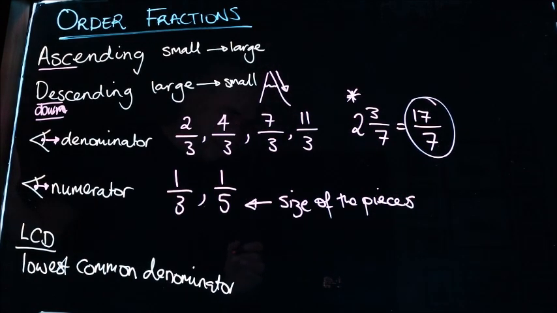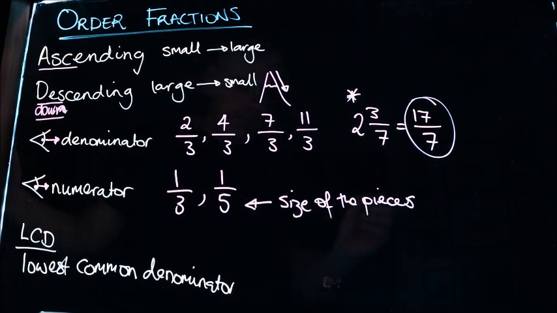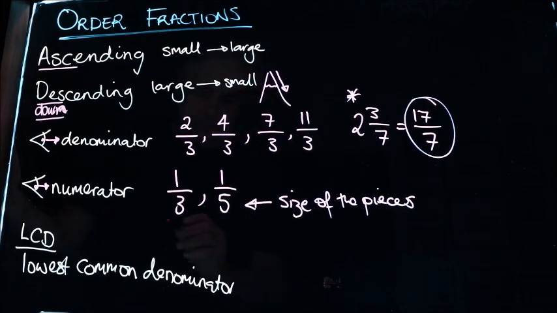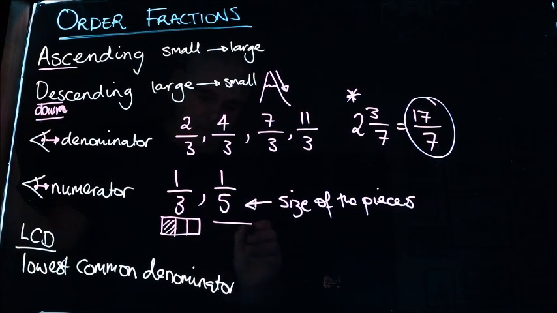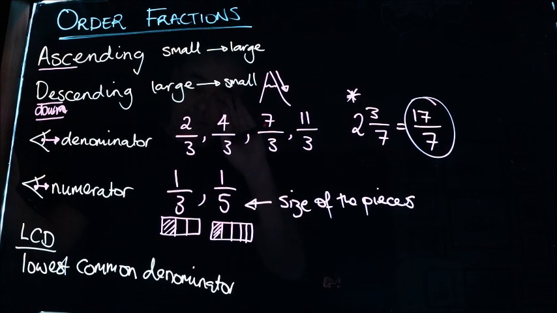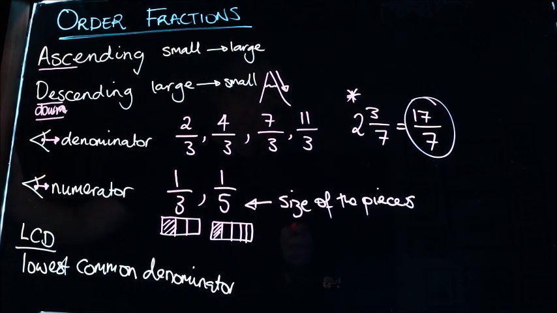Okay, so a third, something that's been cut into 3 pieces, is larger than something. Each of those pieces, so one of those pieces will be bigger than something of the same size cut into 5 pieces here, for example. Okay, and that kind of thinking will help us order the fractions in either ascending or descending order, depending on what the question asks us to do.